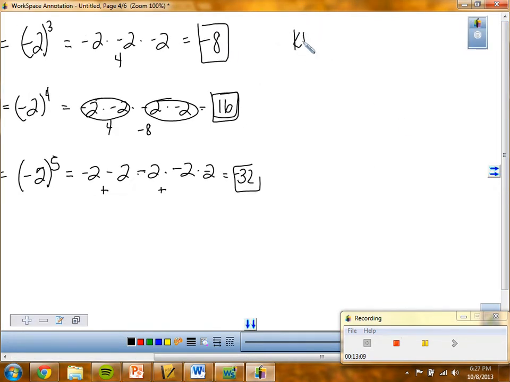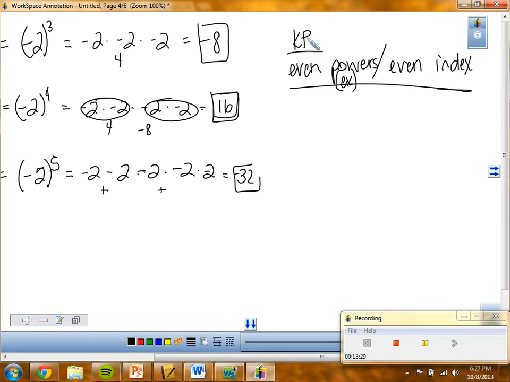Right, a key point is that even powers, or exponents, and even indices, or an even index, is going to only give positive numbers, right?